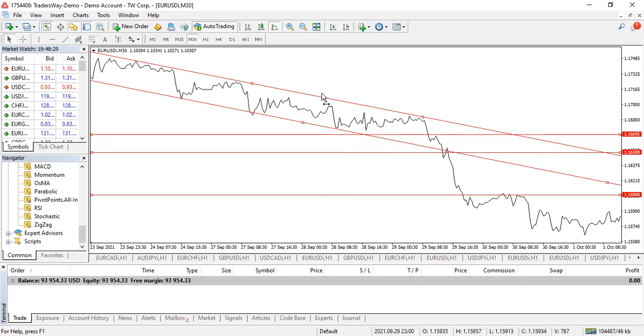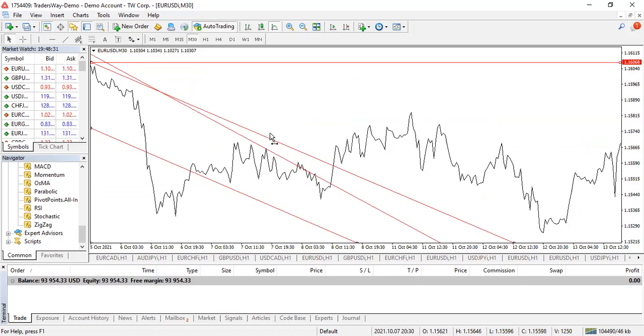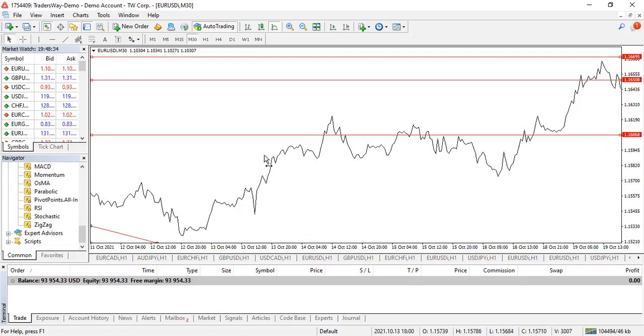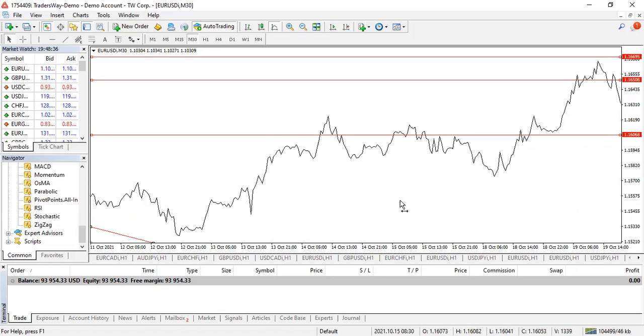Let's look at another ascending channel we can use to enter our trade.